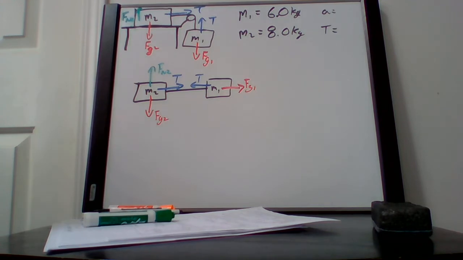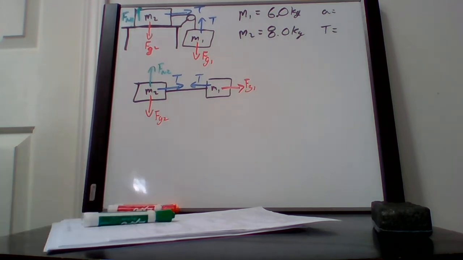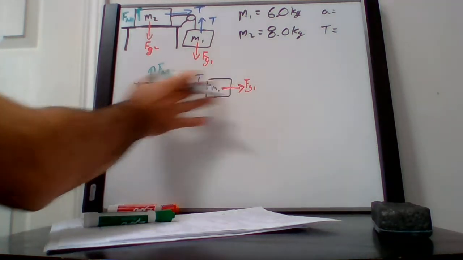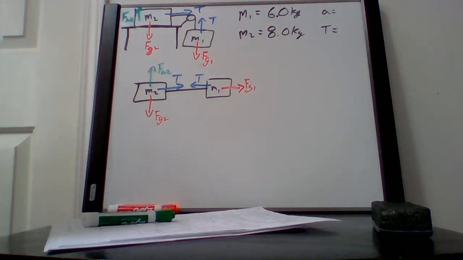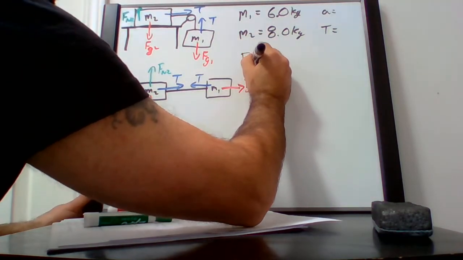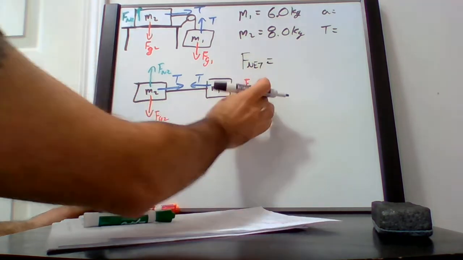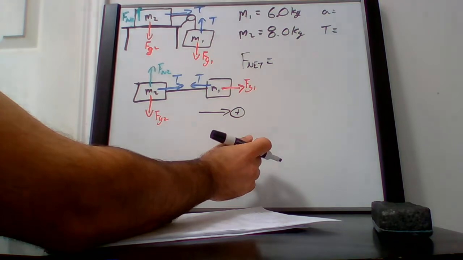Okay, so for this example, it is a little bit easier to understand what forces we need for our Fnet from this unfolded version. Okay, so if I'm looking at this, my FG2 and my FN2 are going to cancel each other out, equal in opposite directions. So I'm looking at my Fnet is then equal to, and I will say that this direction is positive.